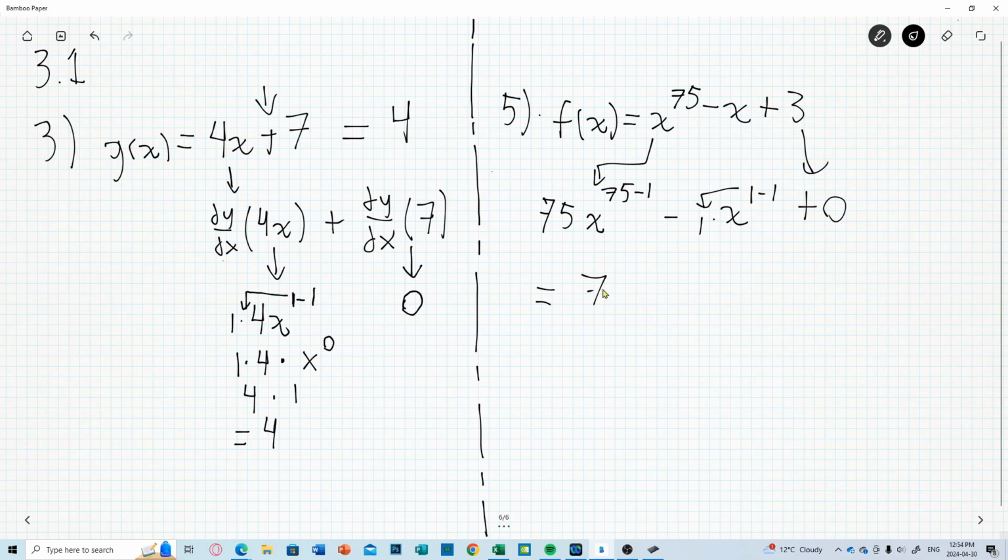So it'll become 75 x to the 74 minus, that becomes 1, so it's 1 multiplied by x to the 1 minus 1, which is the f prime of x.